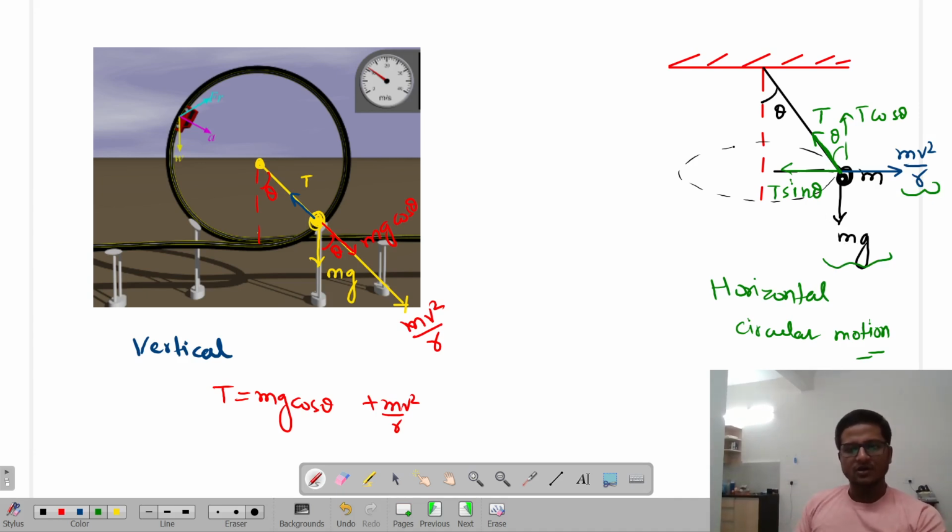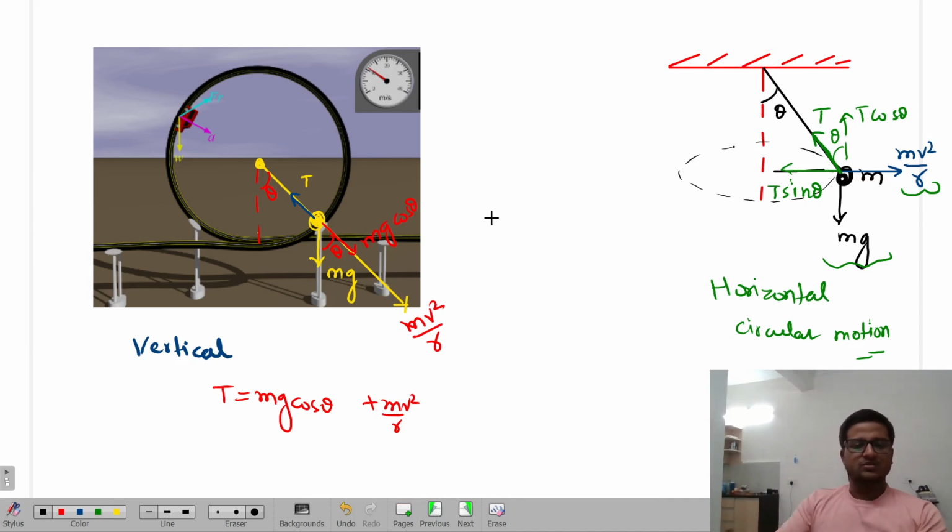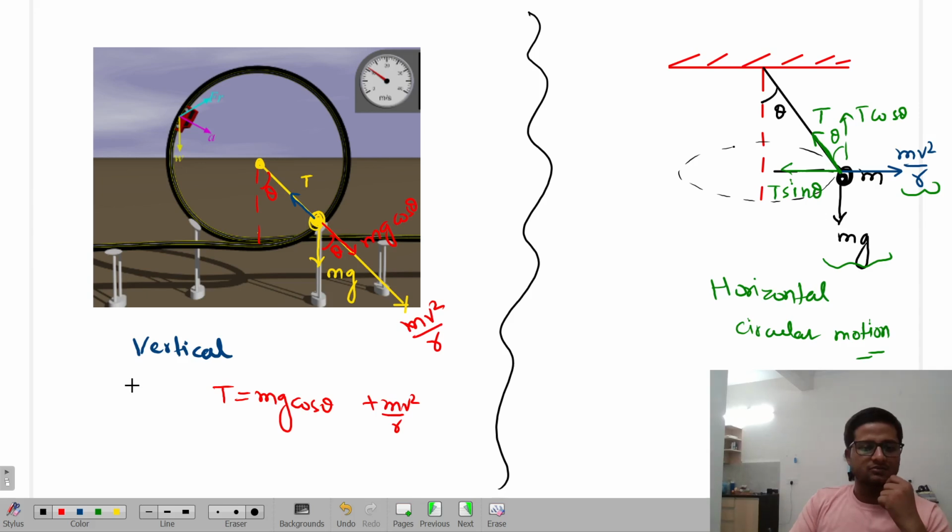So the easiest thing is that I can resolve tension T easily. If you want to make a question quickly, identify which kind of circular motion it is, vertical or horizontal. If it is vertical, resolve mg; if it is horizontal, resolve tension.